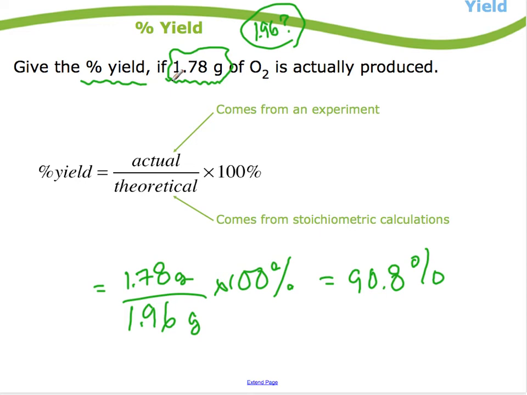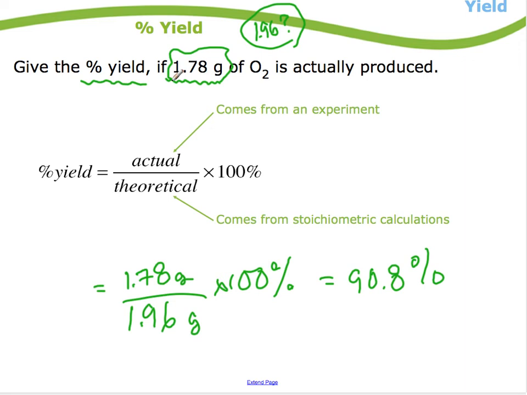Oftentimes when you do an experiment, they require a certain percent yield. If you get lower than that percent yield, then you must have performed something improperly in your experiment, and you need to do it again. I know some of the labs in chemistry 95, and even some in 85, that's what we do when we determine your percent yield.